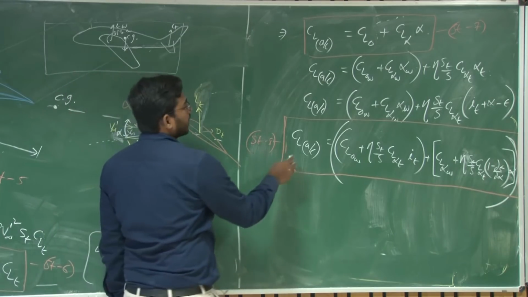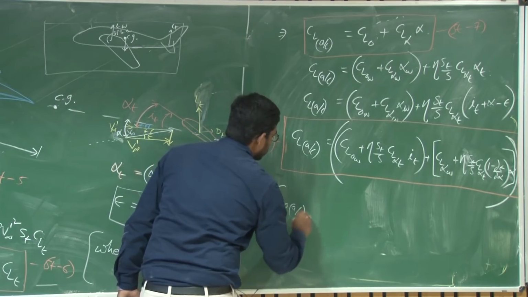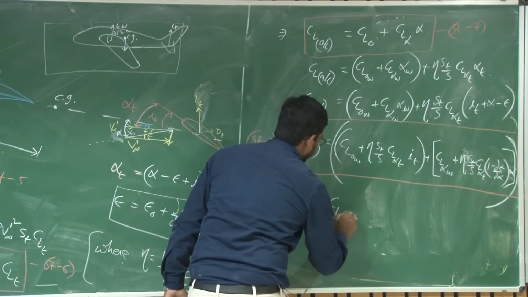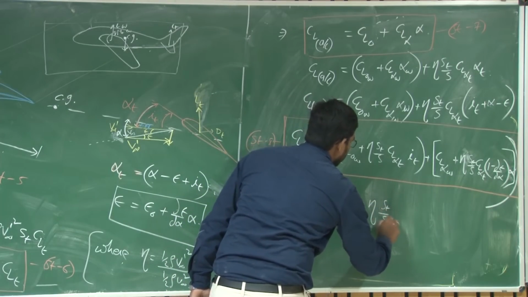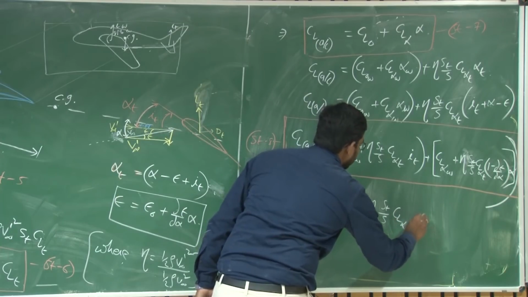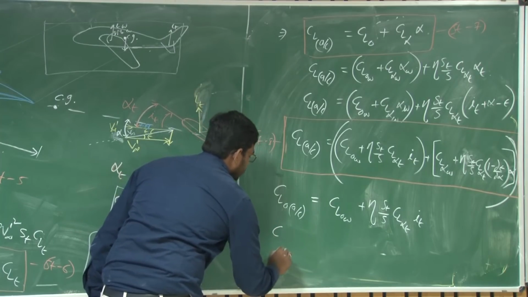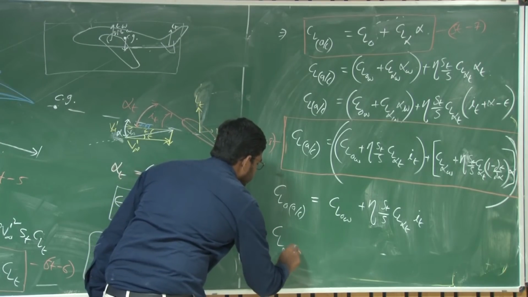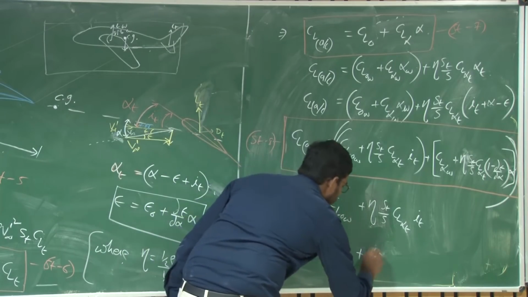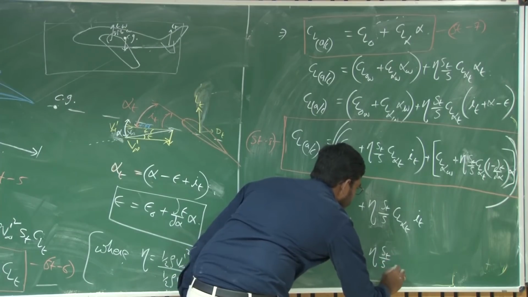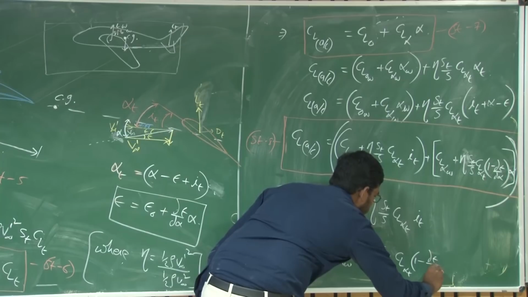Now comparing ST7 and ST8, CL naught of the entire aircraft is equal to CL naught of wing plus eta ST by S into CL alpha of tail into i_t, and CL alpha of the entire aircraft is equal to CL alpha of wing plus eta ST by S into CL alpha of tail into 1 minus dou epsilon by dou alpha.